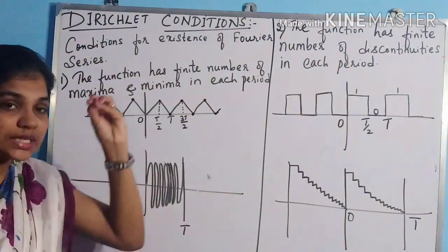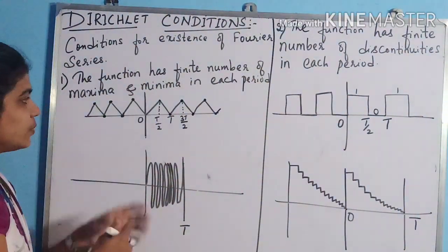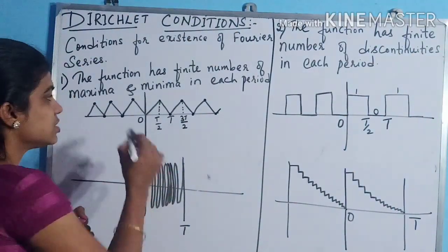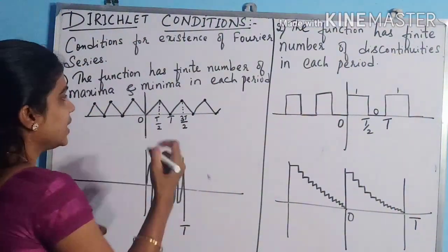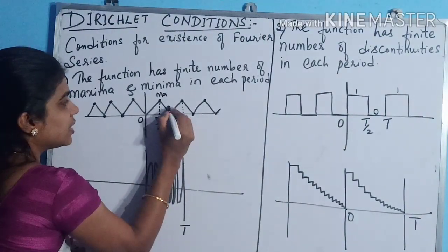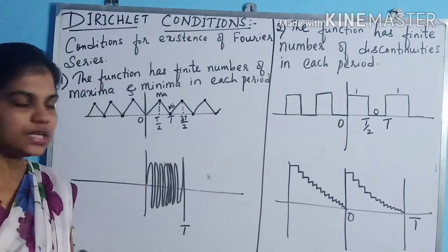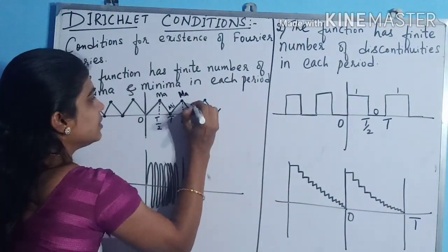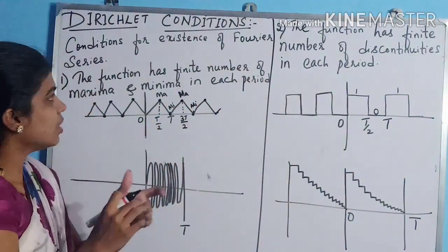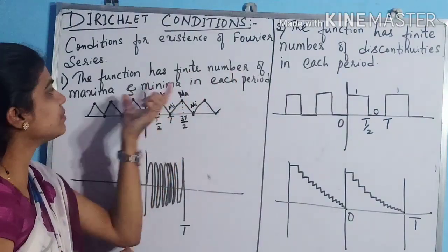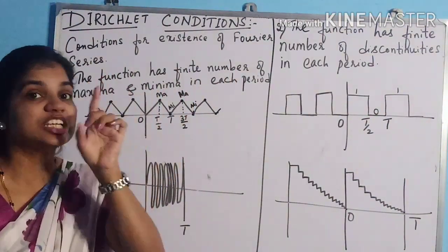When I say maxima and minima, we have a wave shown here. In this we see a maxima here and a minima here, and again a maxima here and a minima here. According to the condition, we should have a finite number of maxima and minima in each period.